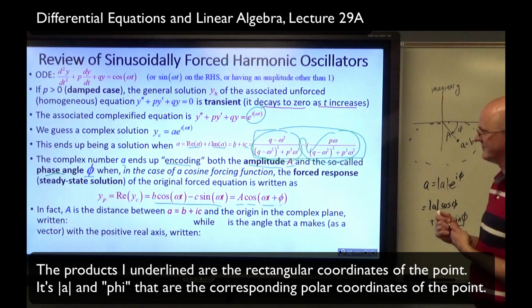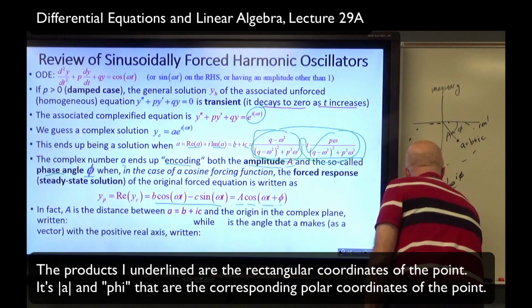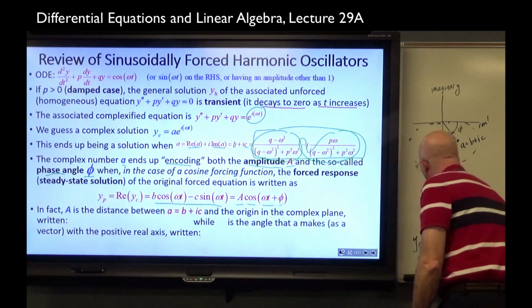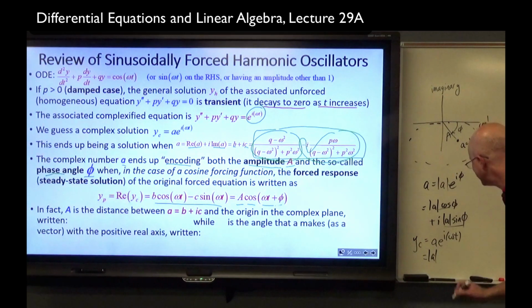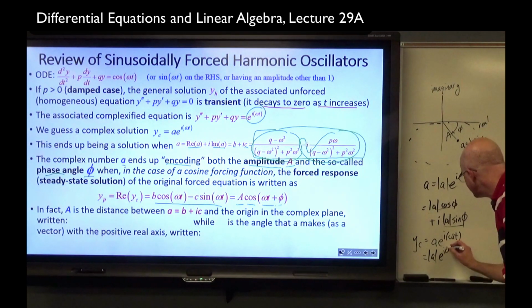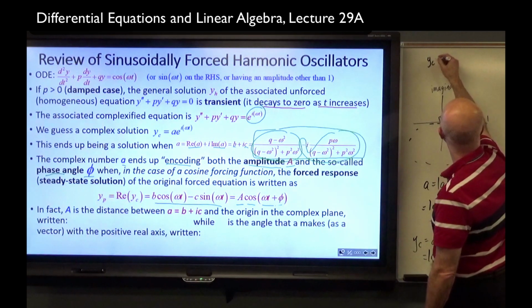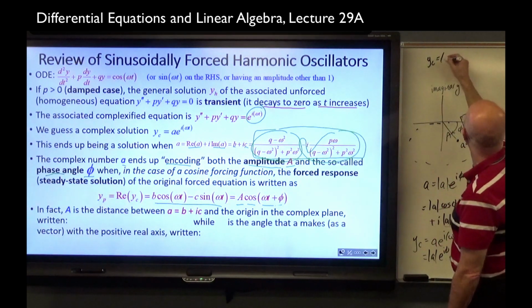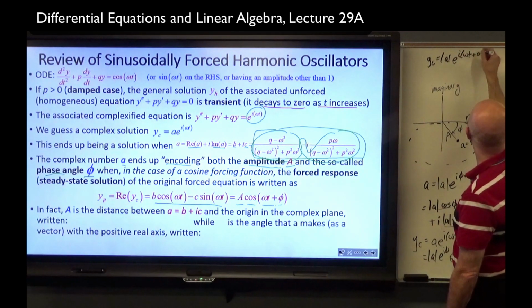And now, coming back up here to yc, yc is A e to the I omega t. Replace A with its polar form, its absolute value, again, or modulus, times e to the I phi, times e to the I omega t. And now use a property of exponents to combine these e's. I'm going to go ahead and put it up here. Yc will be the absolute value of A, e to the I, omega t plus phi.